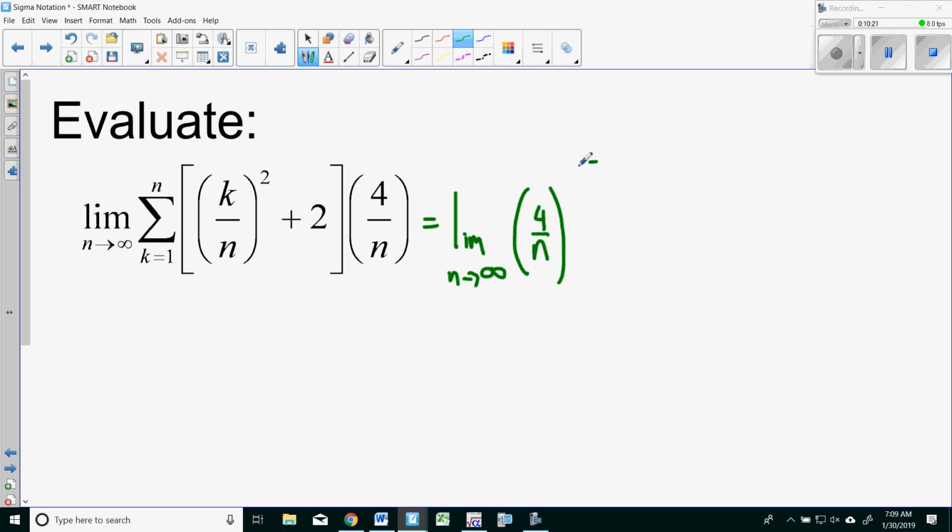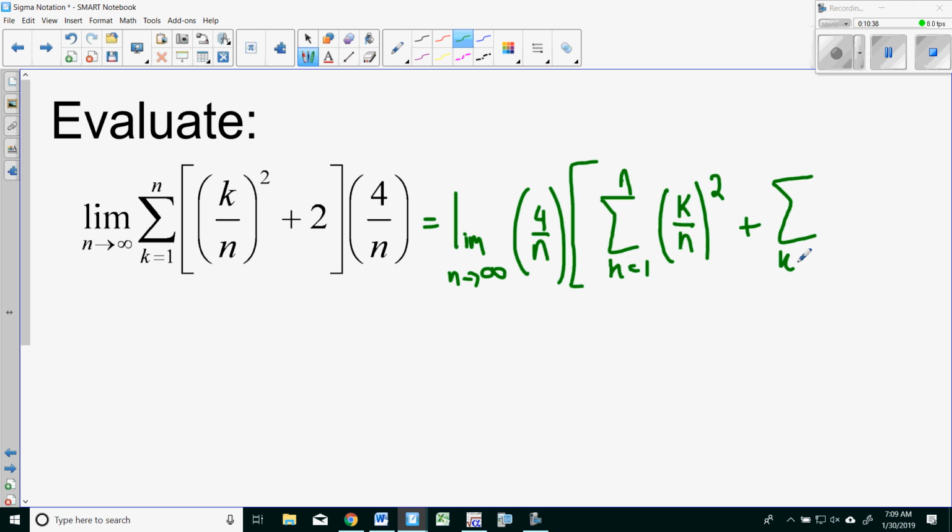Now, I'm going to do a couple things here. One, I can split this sigma into 2. So I can have sigma of k squared over n squared plus sigma from 1 to n of 2. So I'm able to split that into 2 because of the plus. Now, this first part becomes k squared over n squared.